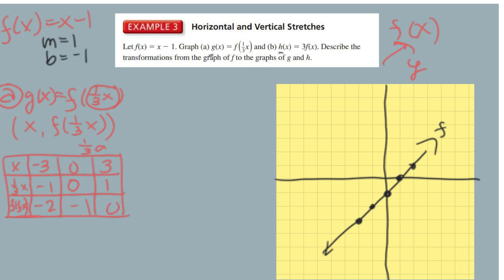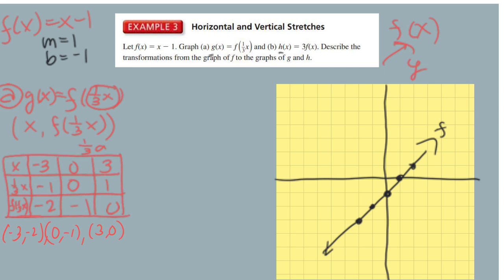So our new points are going to be what? -3, because remember, originally it's going to be x with the f function of multiplying 1/3 times x, correct? 1/3 x. So here we have -3, -2, 0, -1, and finally 3 and 0.